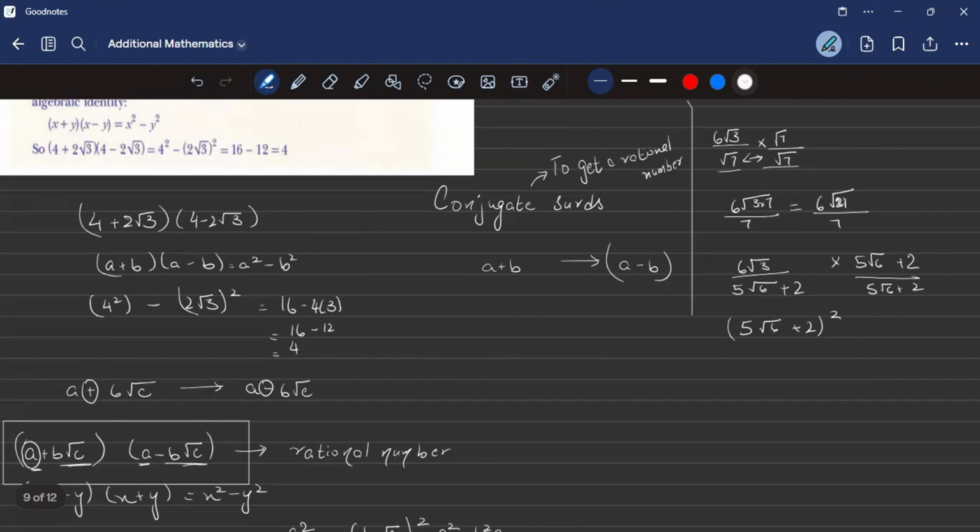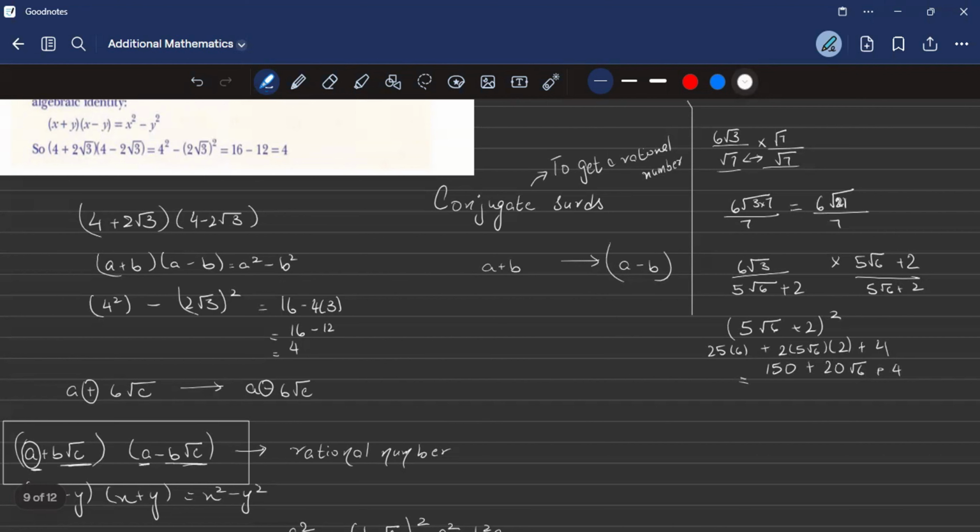We would get a squared, 25 multiplied by 6, plus 2ab, 2 multiplied by 5 under root 6 multiplied by 2, plus b squared. If you solve that, you would get 25 multiplied by 6 is equal to 150, plus 20 under root 6, plus 4.